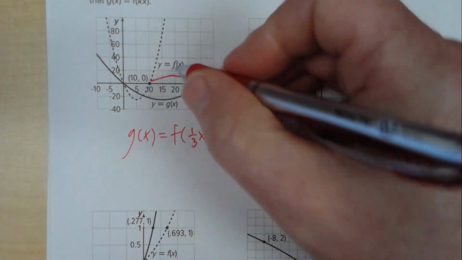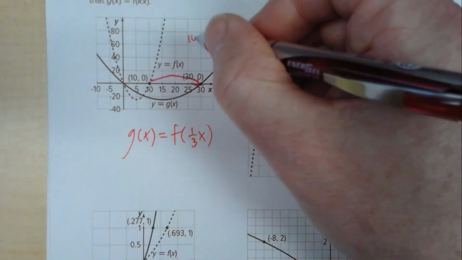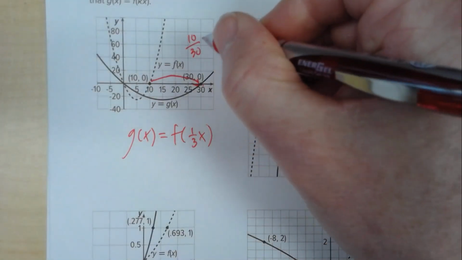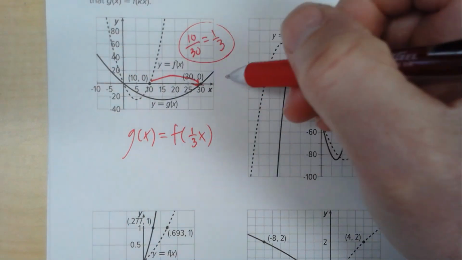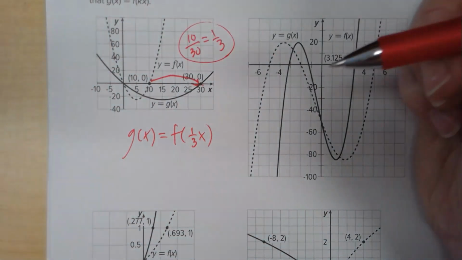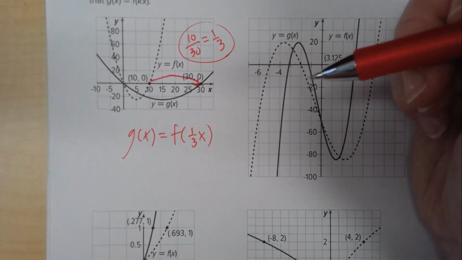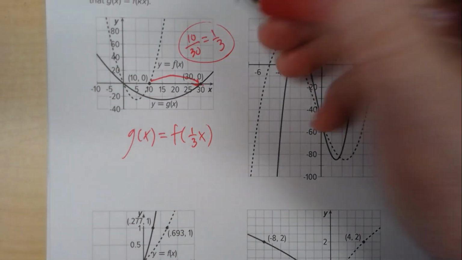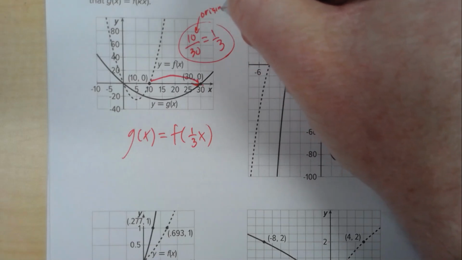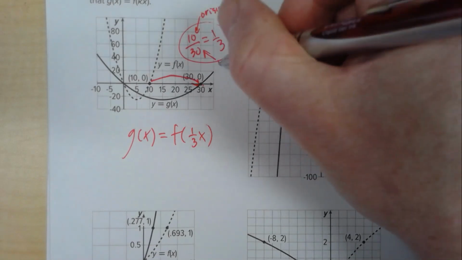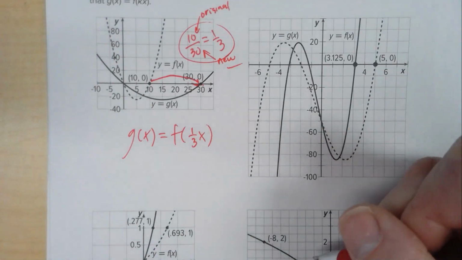So we took the original value, 10, and we divide it by 30, and that equals 1/3. So it's the original value to the new value, original value to the new value. That's how we figured these out. Original value to the new value. So original and then new. That's another way to do that.